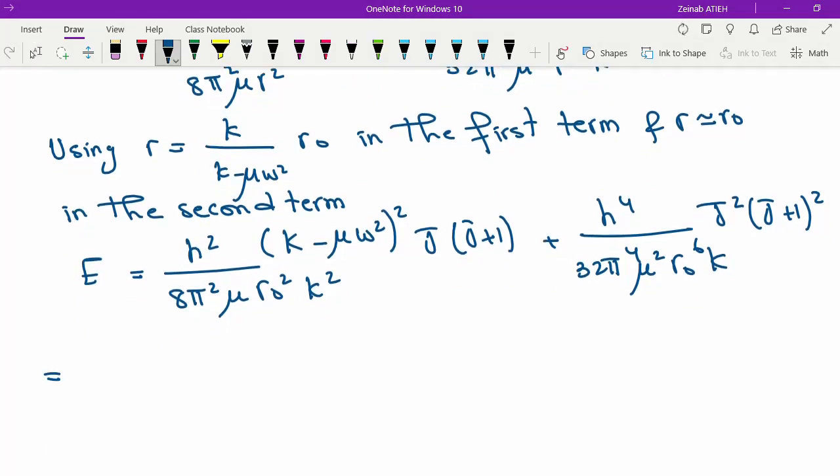Let's expand: equals h squared over 8 pi squared mu R0 squared K squared.